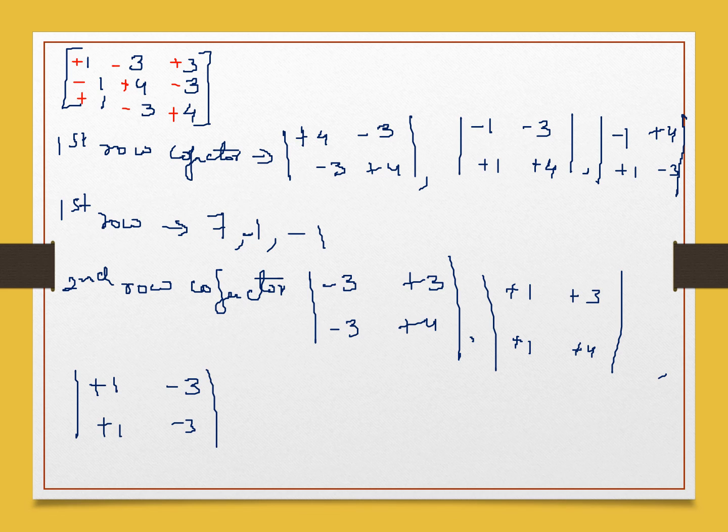So the cofactors for the second row are minus 3, 1 and 0. Similarly, the cofactors of the third row, found by ignoring the third row and each column, are minus 3, 0 and 1.